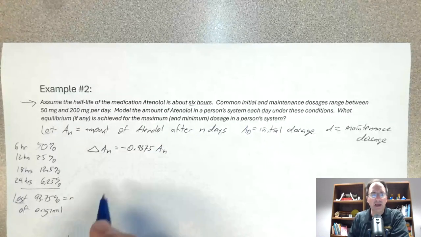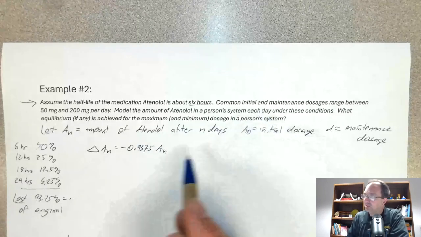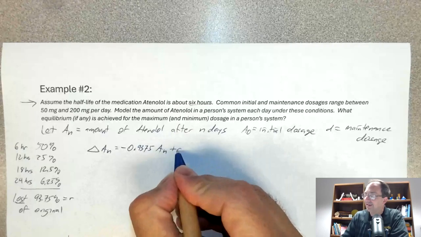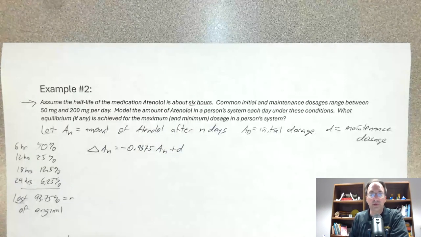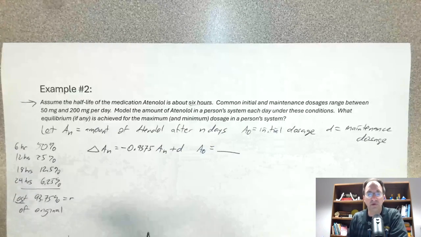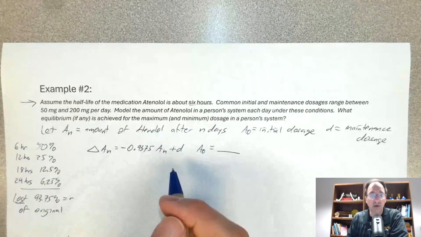Now this isn't quite everything though, because every day, presumably, we're going to be taking a maintenance dosage. And so we're going to add a D. And then A naught, of course, is going to equal whatever we decide for an initial dosage. So here's our model.